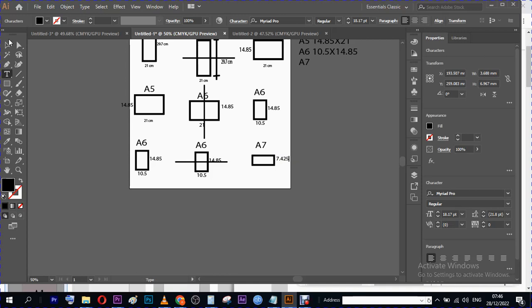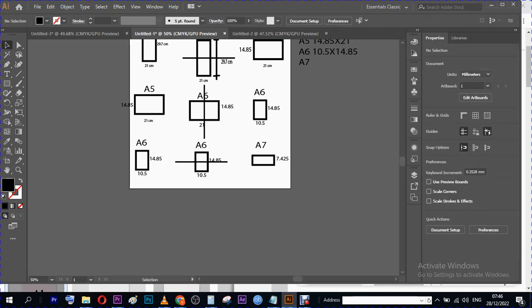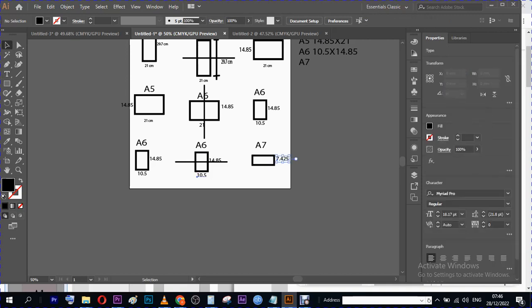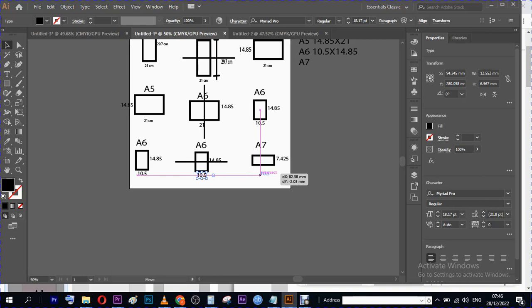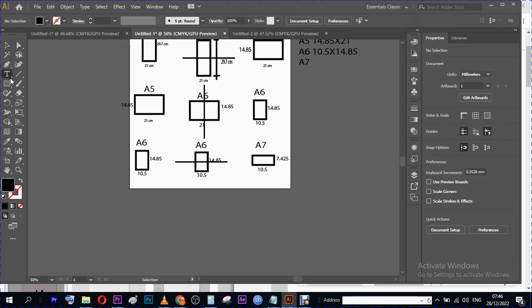But remember, this 10 is retained, and these are basically centimeters. Don't forget that.